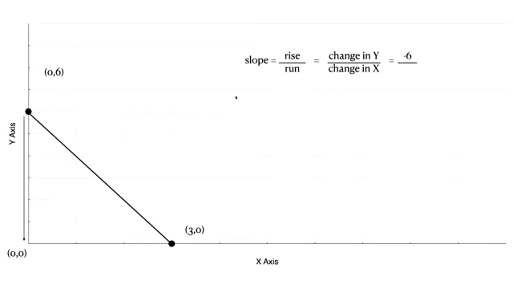For x, we are going from 0, 0 to 3, 0. So we went from having no x to 3x, so the change in x is equal to 3. Negative 6 divided by 3 is equal to negative 2. So that's how you calculate the slope of a line.